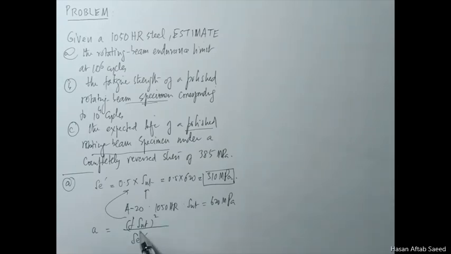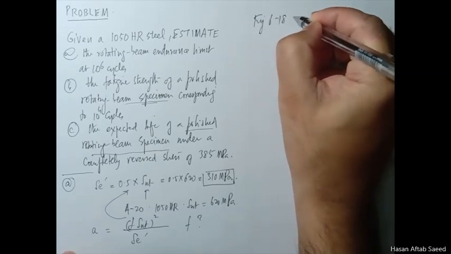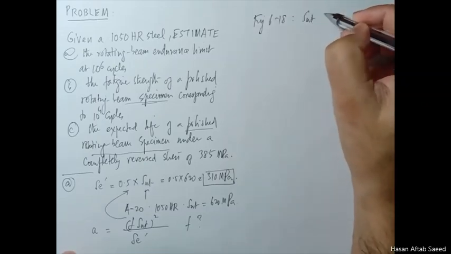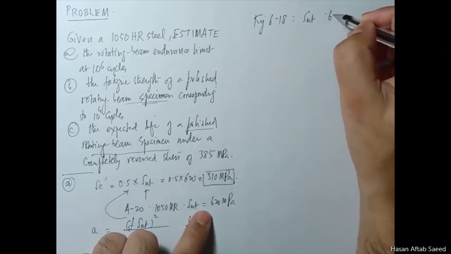Now we need an F for this. What is F? SUT we know already, 620. F, we just discussed, can be read from figure 6-18 against an SUT of 620 MPa.